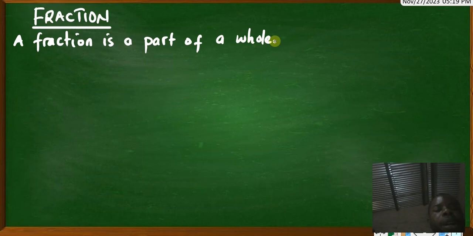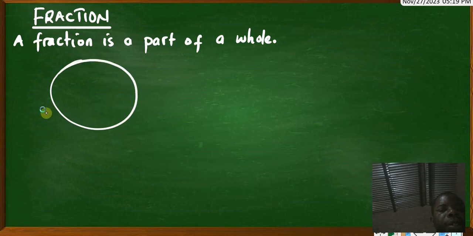If you have something complete, and you take just part of that complete thing, that part you have taken can be called a fraction because you took it from something. For instance, maybe you have something like this, a circle like this is a whole.